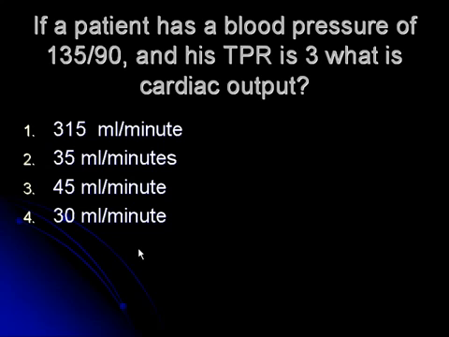You can figure it out. We actually did this earlier, remember? 135 minus 90 is 45, which gives me a pulse pressure. Divided by 3, which is 15, plus diastolic gives me my mean arterial pressure of 105. So what was the answer here? 105 divided by 3 is 35. Yep, so the right answer is 35.